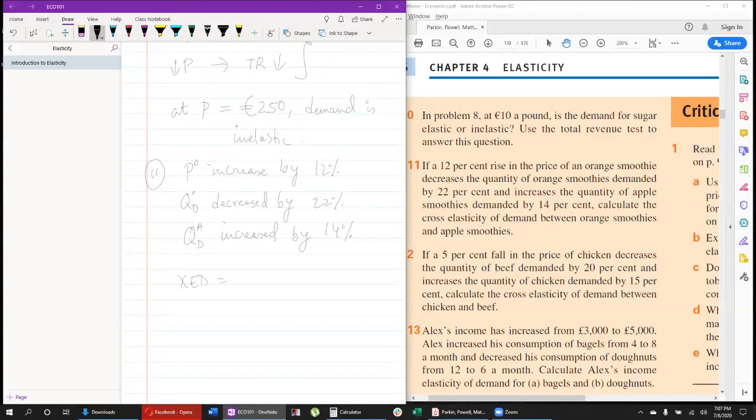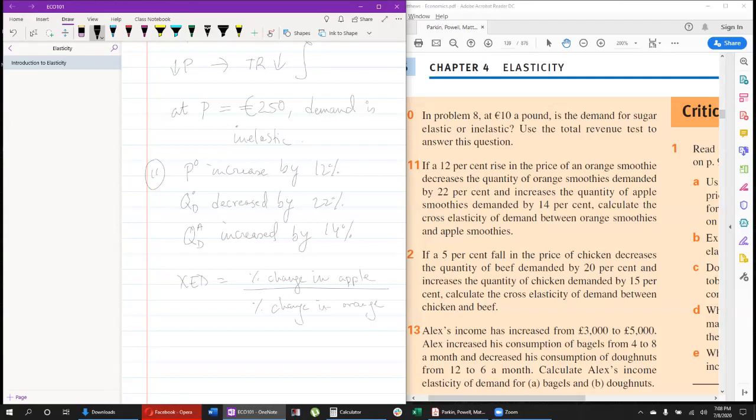You guys remember the formula, which was effectively percentage change in apples divided by percentage change in orange.